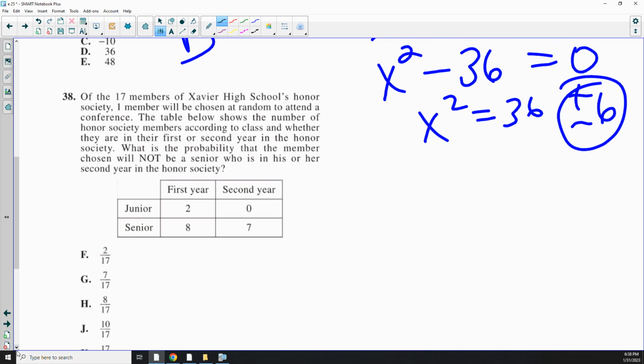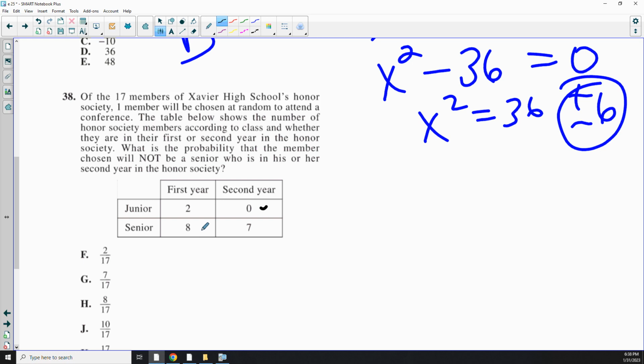What's going on here? 17 members of the Honor Society. There are juniors. You can't be a second year junior because you can only join. So here it is.